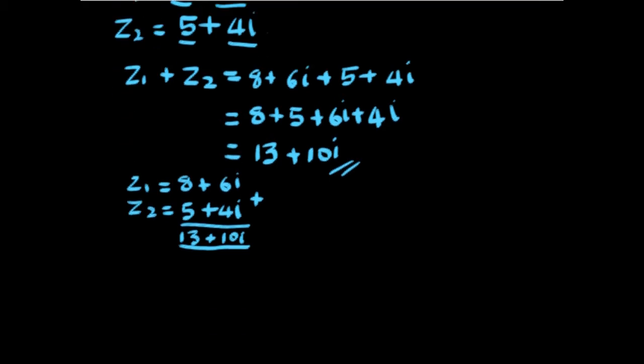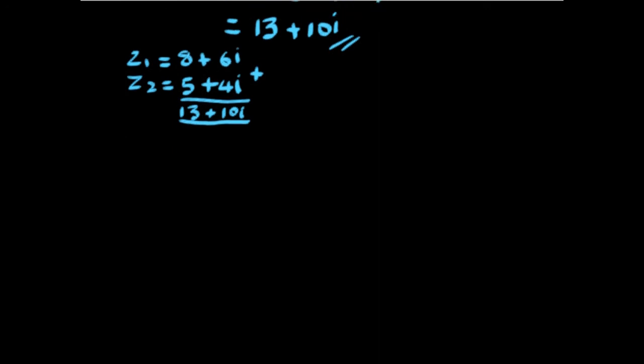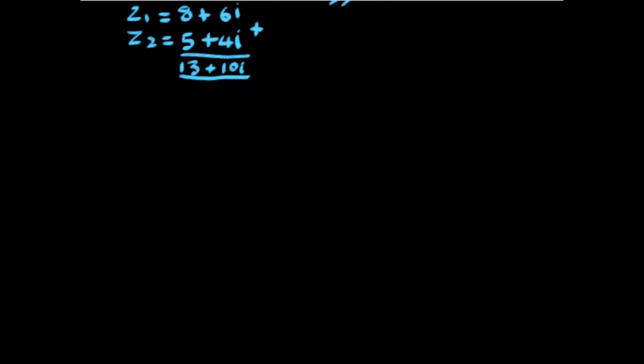Now, moving the page, suppose we are given z1 equal to 5 plus 8i, and z2 equal to 11 minus 4i.